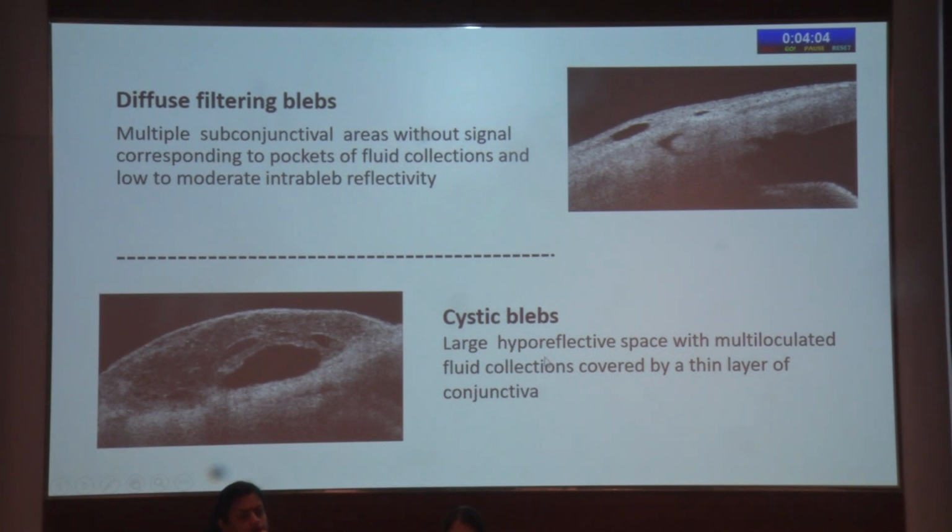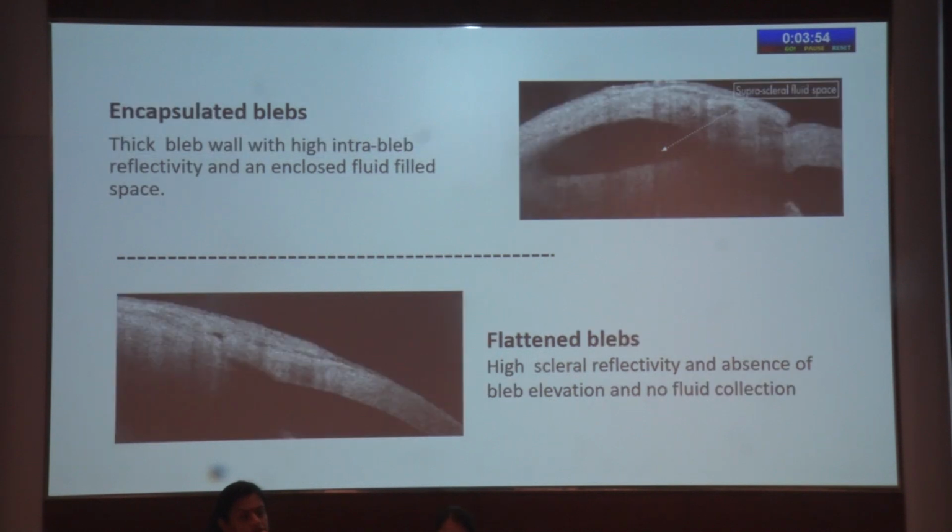In cystic blebs, you find a cyst with a thick conjunctiva and very low reflectivity of the fluid collected there. Encapsulated blebs obviously have a thick wall with fluid, and you can see a steel ring around it. In flattened blebs, the fluid drainage will not be much, and the conjunctival reflectivity is much higher without any intracystic fluid collections.